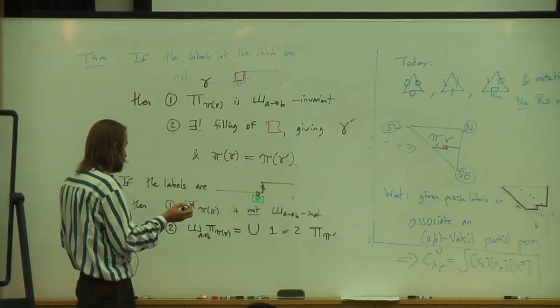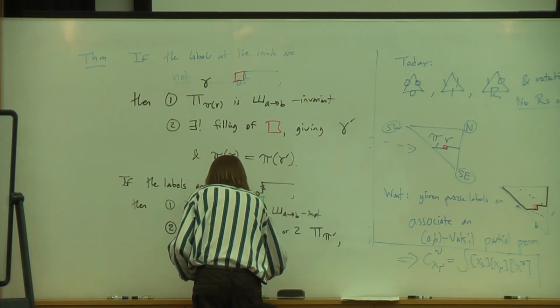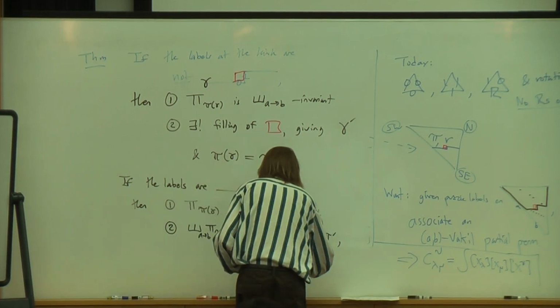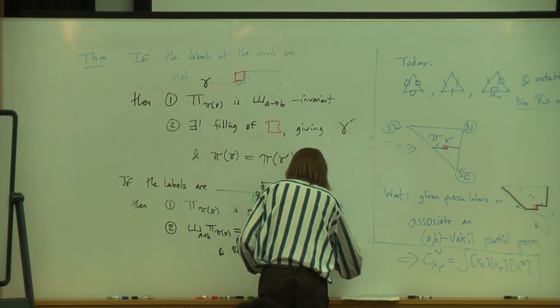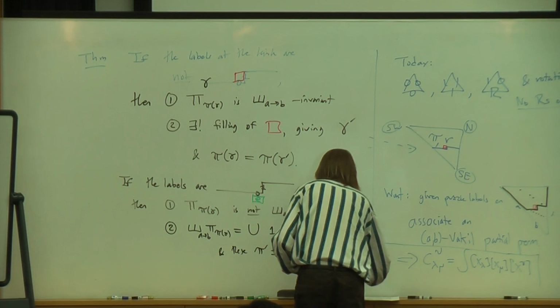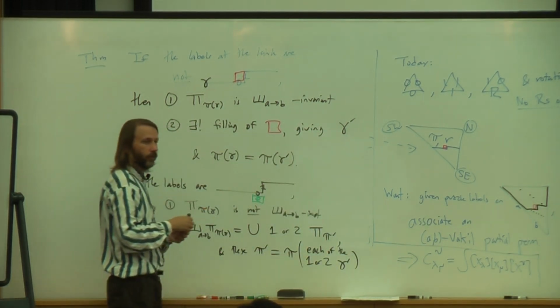So we knew that. And these pi prime are the pi associated to each of the 1 or 2 gamma prime that you get by thinking about the 1 or 2 ways to fill this in.